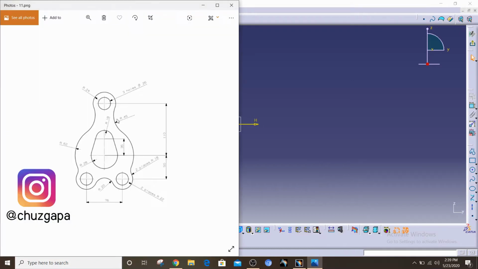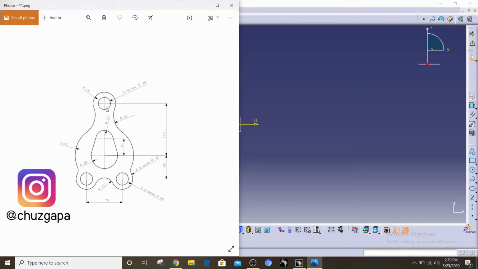Like always, what I always say, I try to find the symmetries in these sketches. So in this case, if you draw a vertical axis right from the center of this sketch, you can see that these two sides are symmetrical to each other.